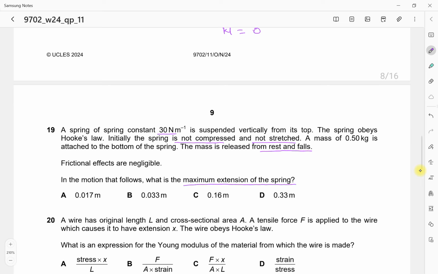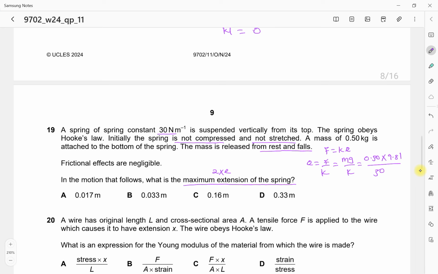Because it was not compressed and not stretched, the maximum extension is going to be 2 times the normal extension. So let's first find the normal extension from Hooke's law. F is equal to K times extension, so the normal extension is going to be equal to the force divided by the constant K. The force is the weight, which is mg, divided by K. M is 0.50 times g, which is 9.81, divided by K, which is given as 30.